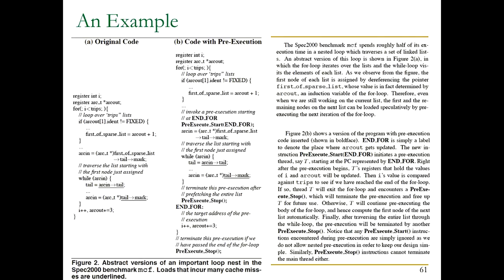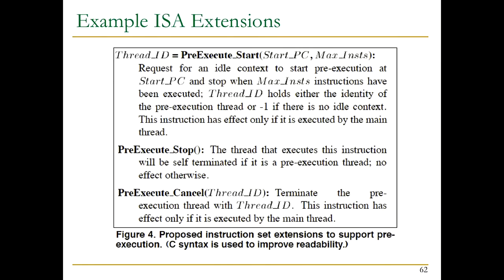And you can read this for more detail. But basically, somebody transforms the code to add these instructions. It could be the compiler, it could be the programmer, again. And these are the instructions that are added. You start the pre-execution, and you obtain a thread ID. And, of course, there are some conditions over here which you can read. So basically, they stop automatically when max instructions have been executed, for example, in the pre-execution, so that you're not actually spending all your time and resource on pre-execution.